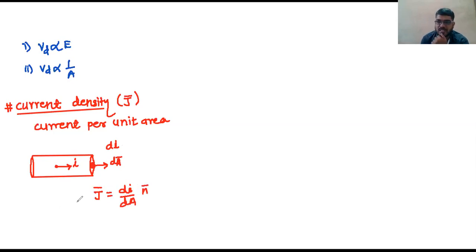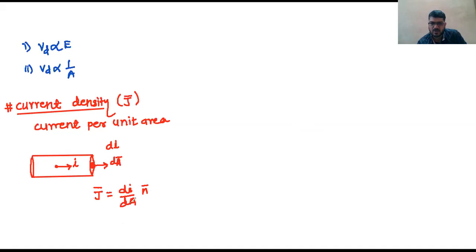What you understood from this? Listen, this is the conductor, and through this conductor total current I is flowing. Now I am taking a small cross-sectional area dA bar in this direction, and through that small area element the current is di.